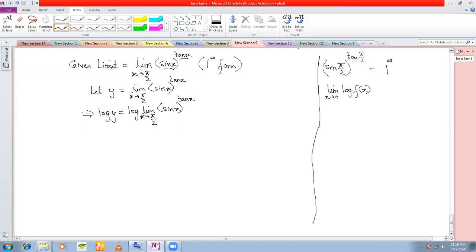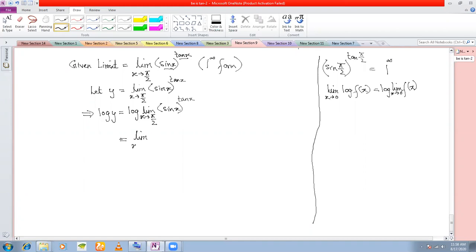If I have limit of log f x, then I can also write this as log of limit f x. You remember this, log and limit can be interchanged. Even if you don't remember, just know that log and limit can be interchanged. We shall use this here. We have log of limit x tends to pi by 2 sin x to the power of tan x. So we will interchange the log and the limit.